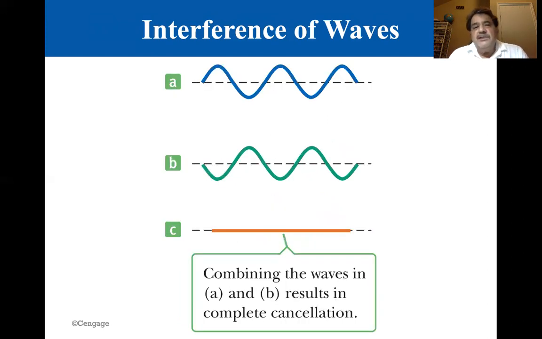Now, notice that these two waves are out of phase. A is upgoing at the start, B is downgoing at the start. If you combine these two waves, the result is complete cancellation. And I'm going to attach a video where, if you take two speakers playing the same tone, they have a wave coming out of them.